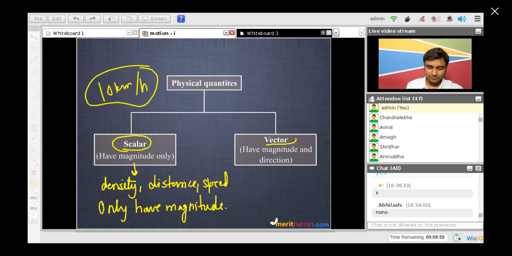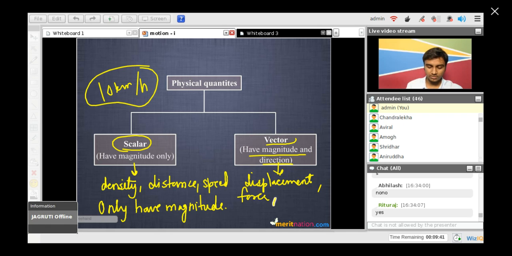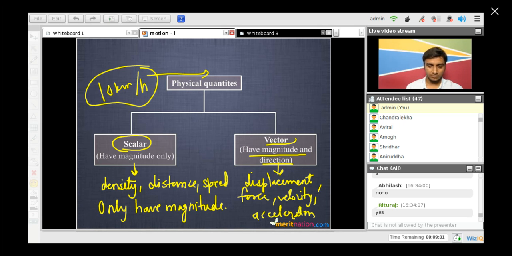On the other hand, vector has magnitude as well as direction. Displacement is one example, and force is an example. You apply force on a body. Velocity is an example. Acceleration is an example. Speed along with direction is called velocity.